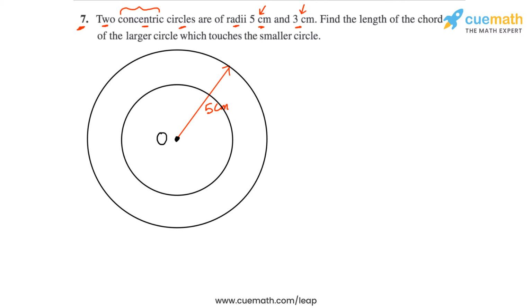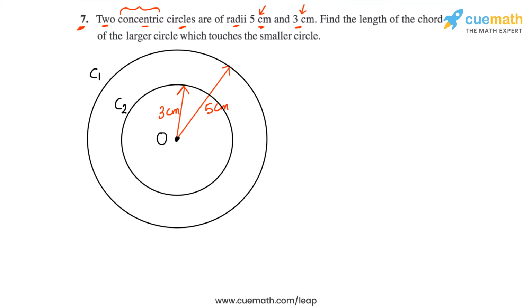It has the same center O, but the radius is smaller. If I join O to any point on the circumference of the second circle, this distance will be 3 centimeters, right? And let's call the outer circle C1 and the inner circle C2.